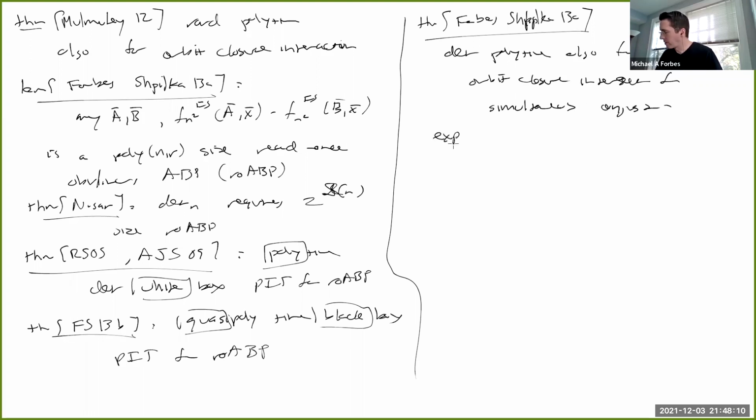And then, maybe more interestingly, there's an explicit polynomial in n r to the order log n size set of separating invariants for the same action.